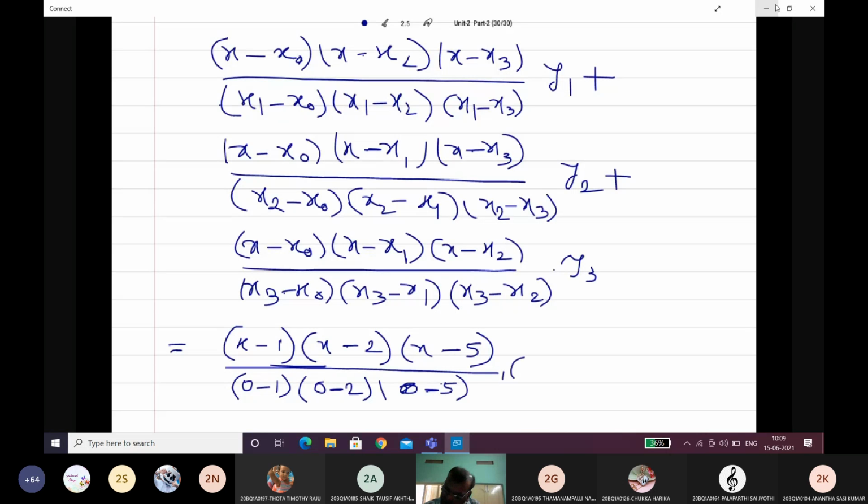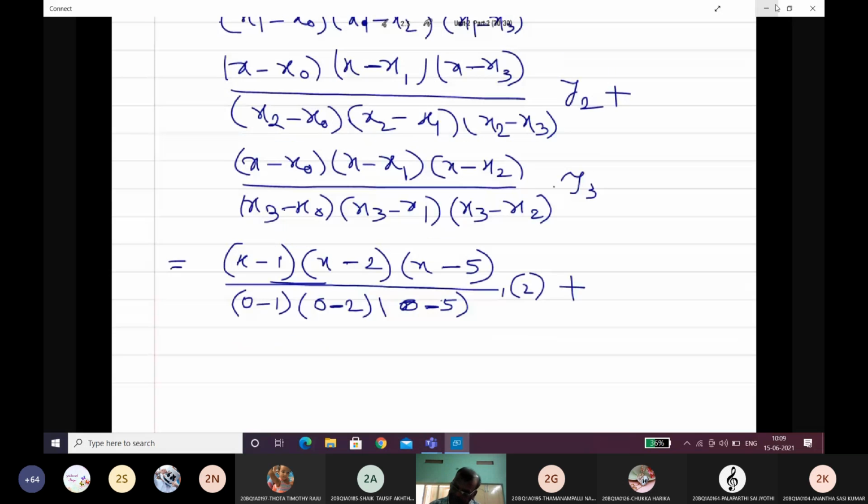The numerator and denominator are common here if you observe. Y naught is equal to 2, plus x minus 0, x minus 2, x minus 5, divided by 1 minus x1.